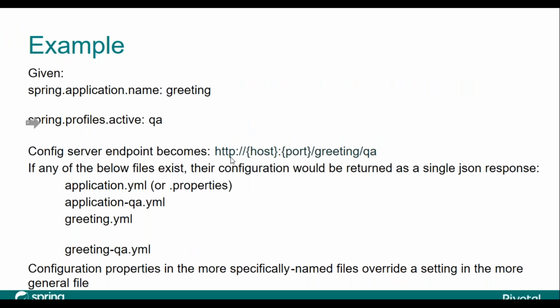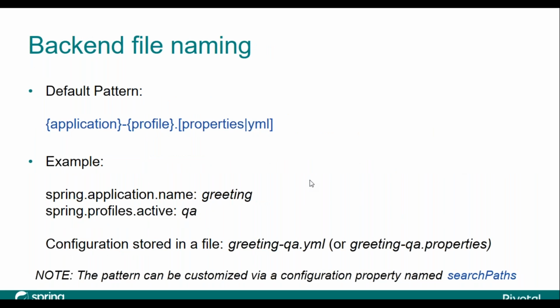So I was trying to provide you the backend file name convention. The default pattern should be your application followed by dash profile dot properties or YAML file. For example, spring.application.name is assigned to be greeting, and spring.profiles.active you say is qa.